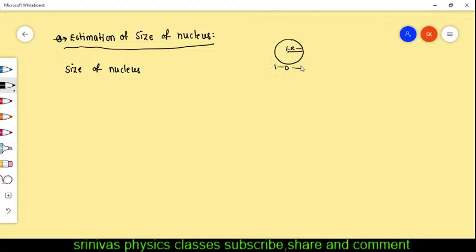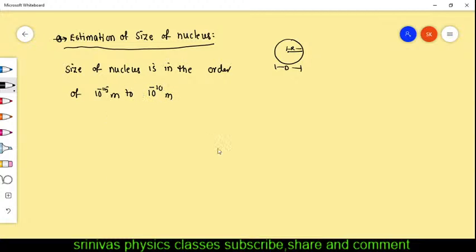The size of the nucleus is in the order of 10 to the power of minus 15 meters to 10 to the power of minus 10 meters.